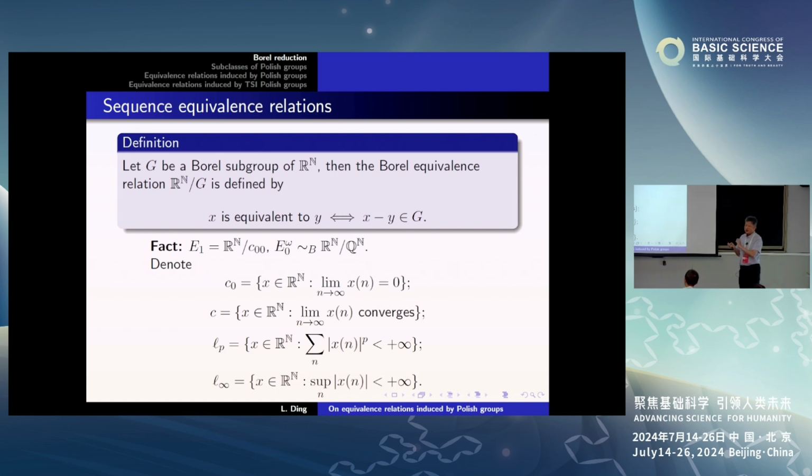So we don't need to consider c, but the equivalence relation is different. R to the n over c0 and R to the n over c are different. So we'll talk about the difference between c and c0 later.